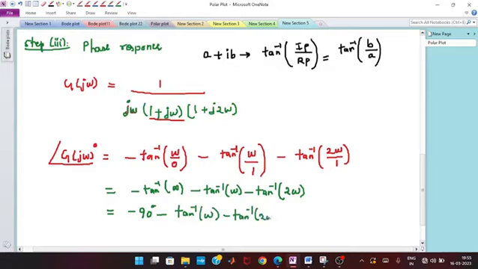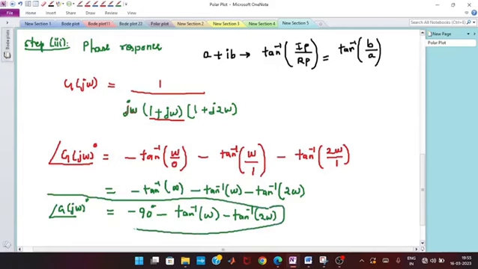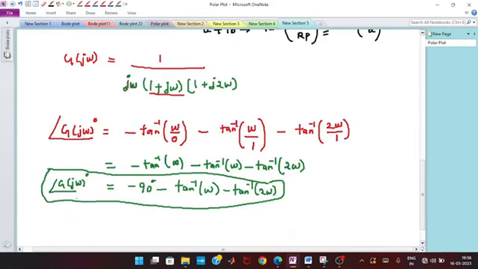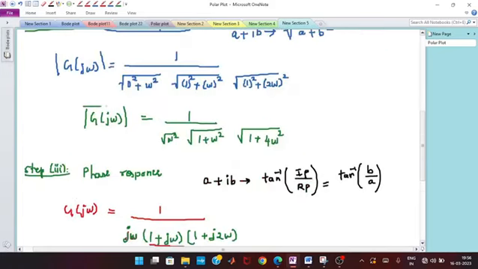So now we have found the expressions for both the phase response as well as the magnitude response.